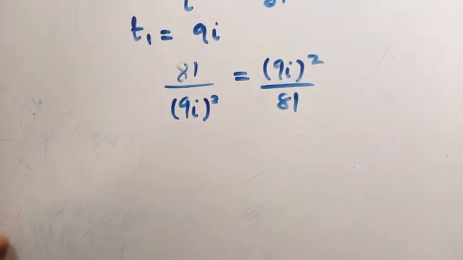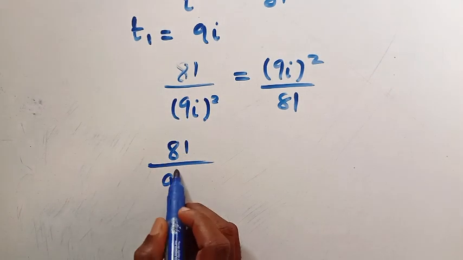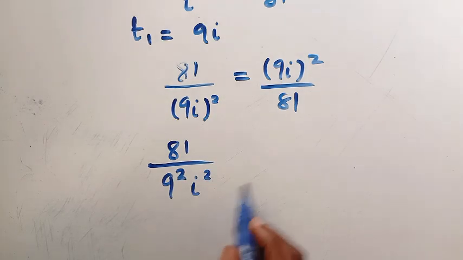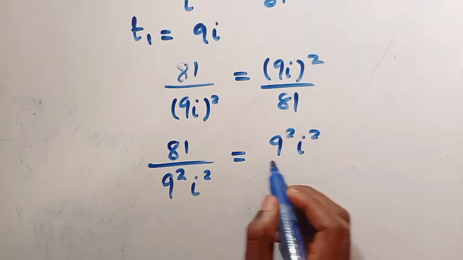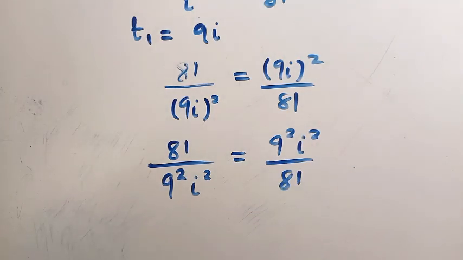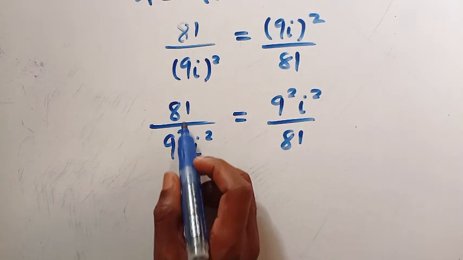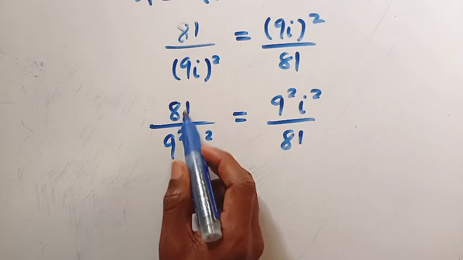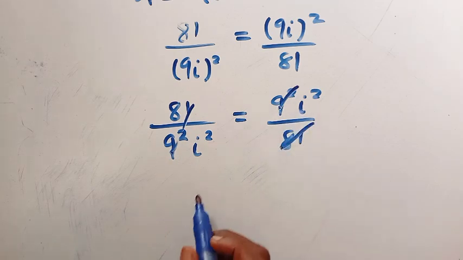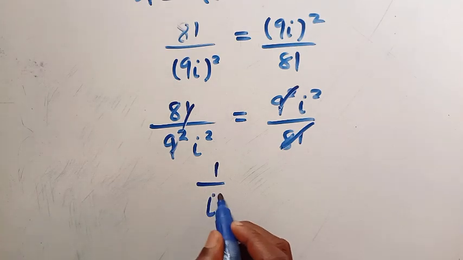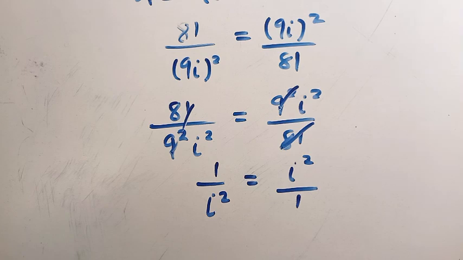By rule of exponent, we have this as 81 divided by 9 squared and i squared, equals, also we have 9 squared i squared divided by 81. But anytime we have i squared, that gives us minus 1. So here we have 81 divided by 81 cancelled, 81 divided by 81 cancelled. So here we have 1 divided by i squared equals i squared divided by 1.